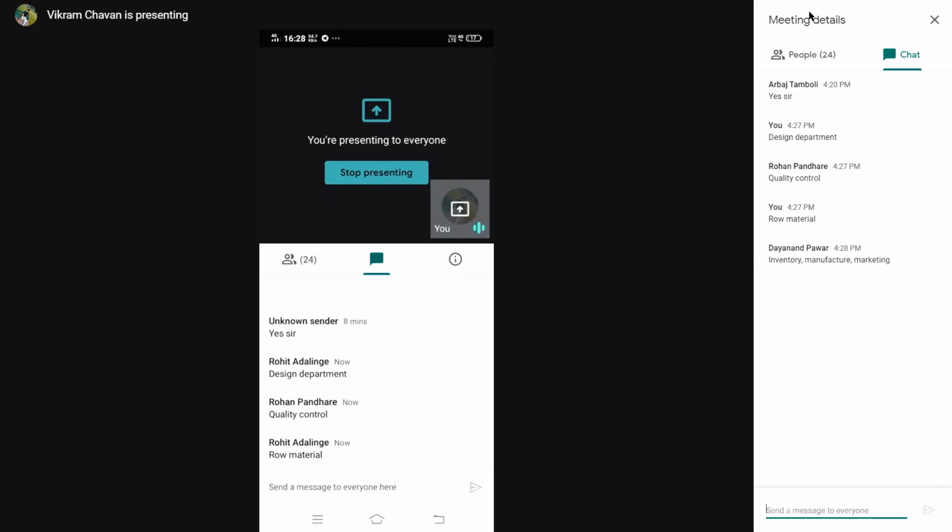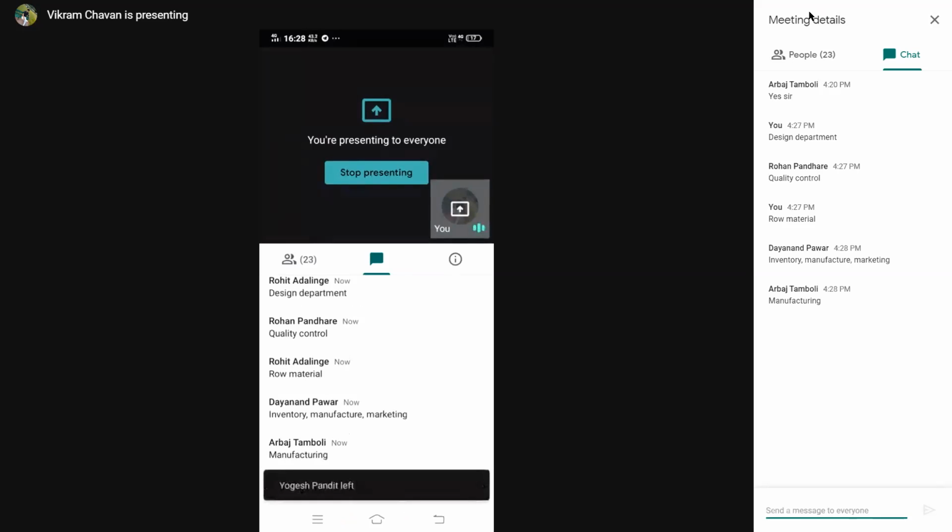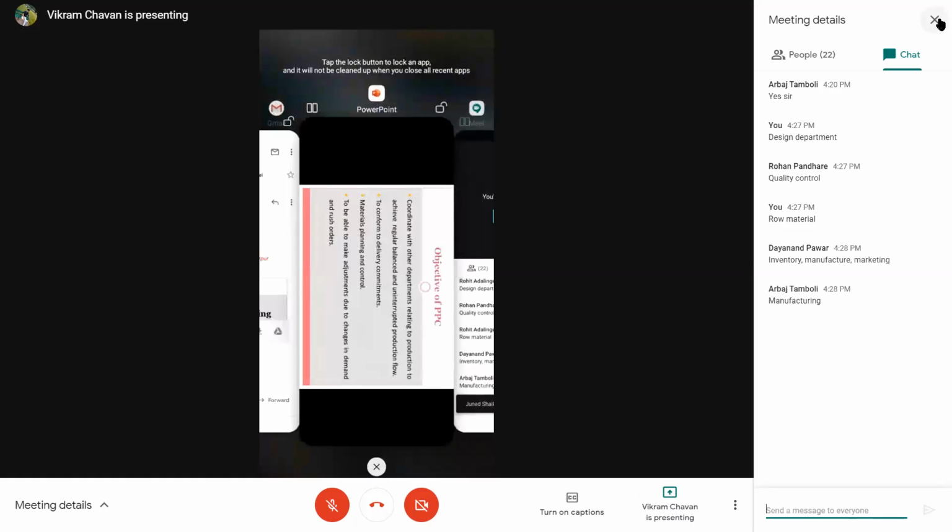That is purchasing of equipment, purchasing of tools, purchasing of raw material required for the production purpose. Then manufacturing, inventory, manufacturing, marketing. Okay, so you have mentioned sufficient departments.